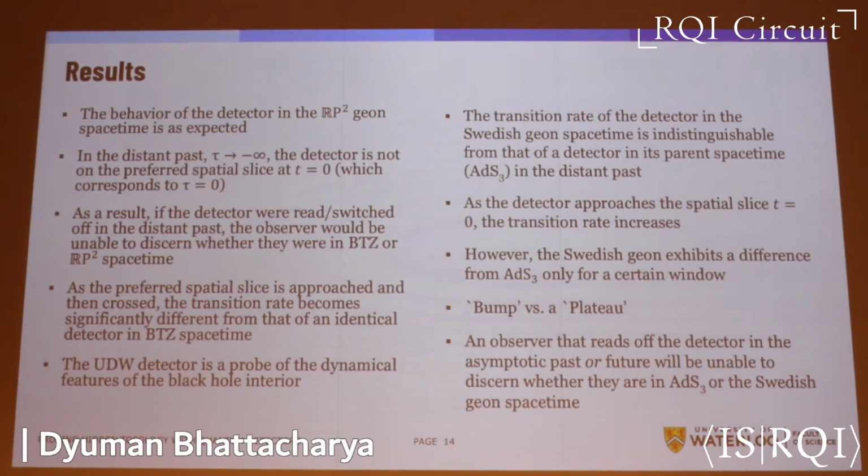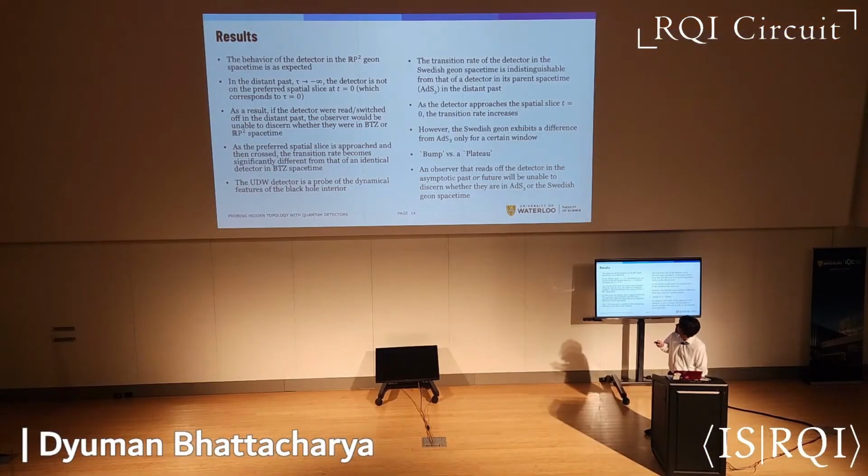But as the preferred spatial slice at t equals 0 is crossed, the difference in the transition rate turns on and asymptotes off. In this way, the UDW detector is a probe of the dynamical features of the black hole interior. But the Swedish geon spacetime is indistinguishable from AdS₃ spacetime in both the distant past and future.